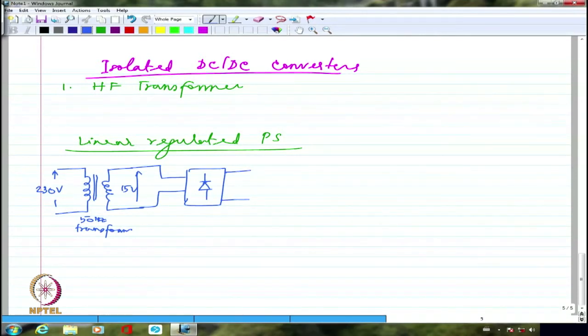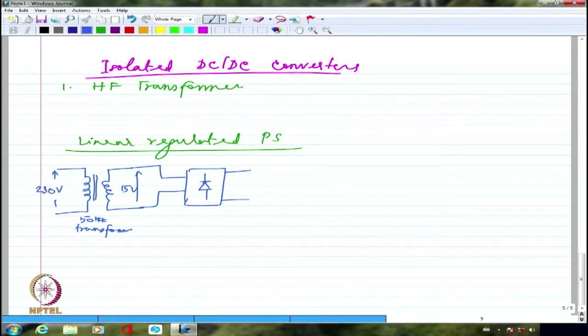So if it is working in the active region, VCE is not minimum. VCE value is going to be fairly large, depending upon how much base drive we are using. So it is not like the IGBT or MOSFET that we use in power electronics, where it will be completely in saturation or completely in cutoff region. Whereas here it is going to be in the active region.